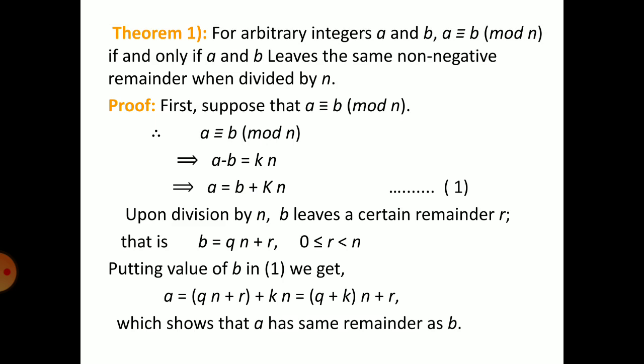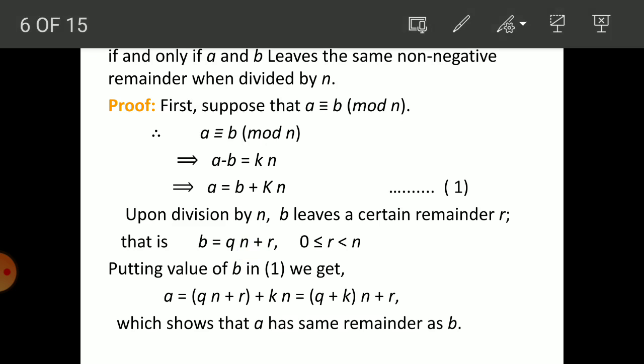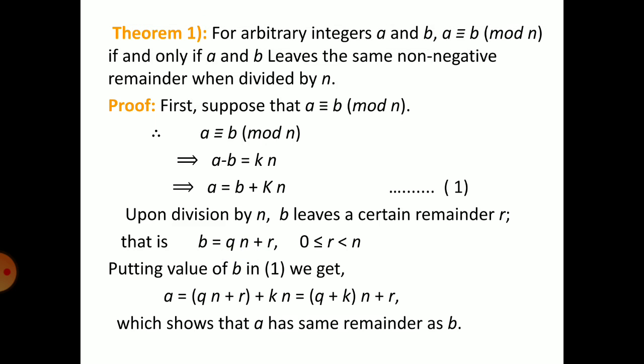Now when we divide b by n, we get some particular remainder. Suppose that remainder is r, and by the division algorithm, we write b is equal to qn plus r, where q is the quotient and r is the remainder.